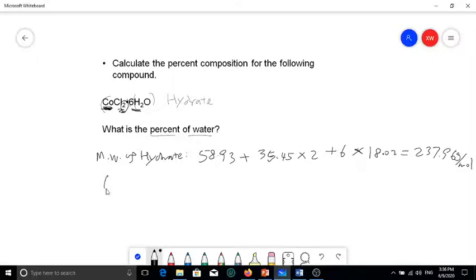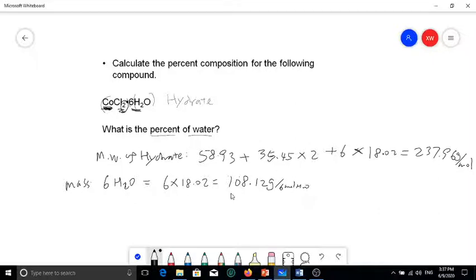Well, 6 water molecules per mole, it's going to be 6 times 18.02, which equals, I can't really say per mole, per 6 moles of water.